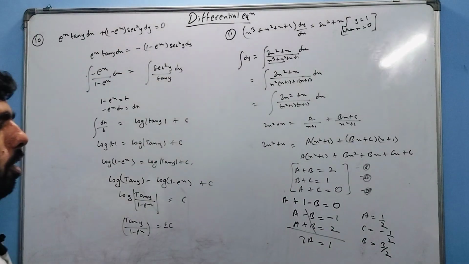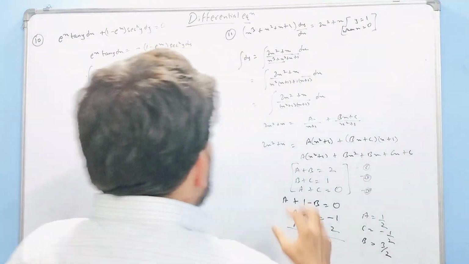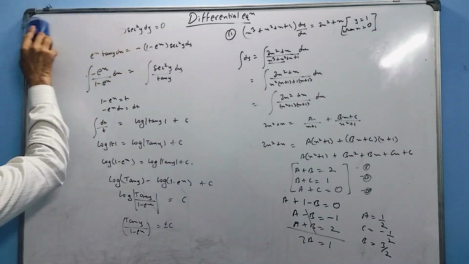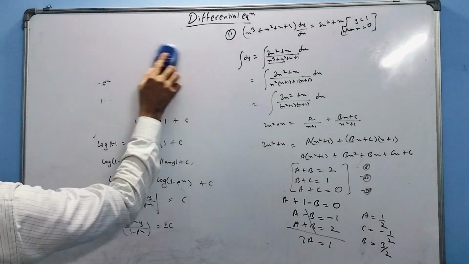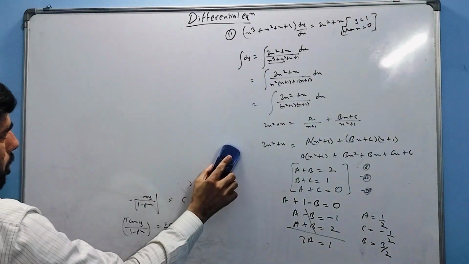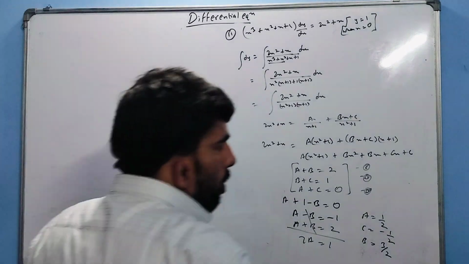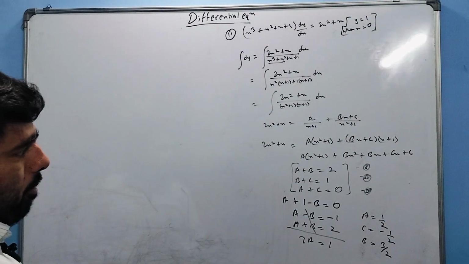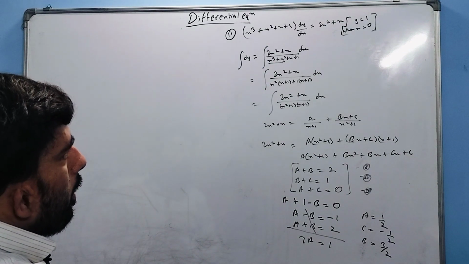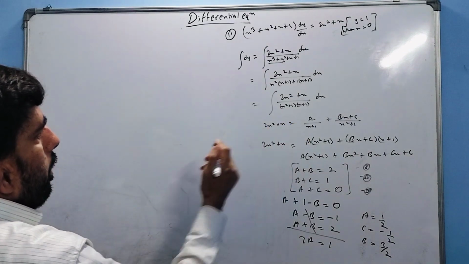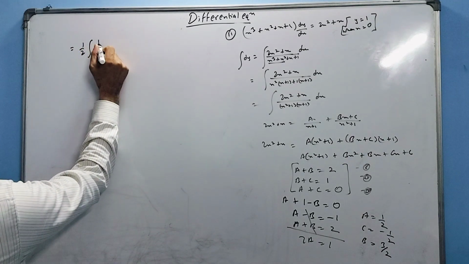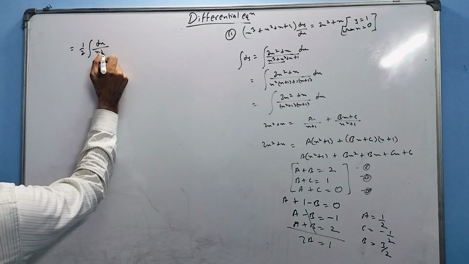Okay, so I have this. Now let us put these values here so that we can easily find the solution. A is half, so we have 1 by 2 dx upon x plus 1.